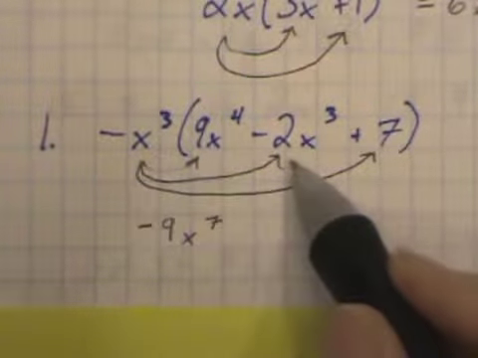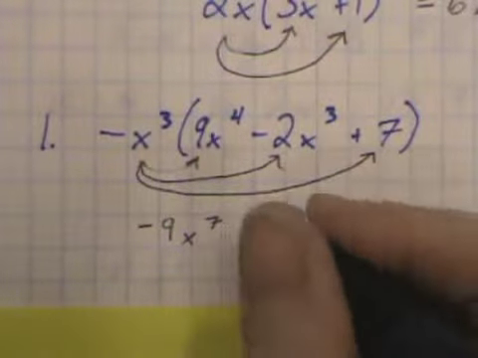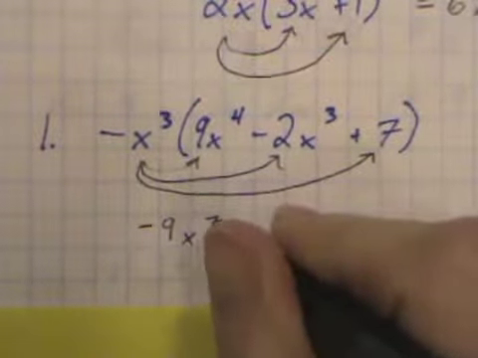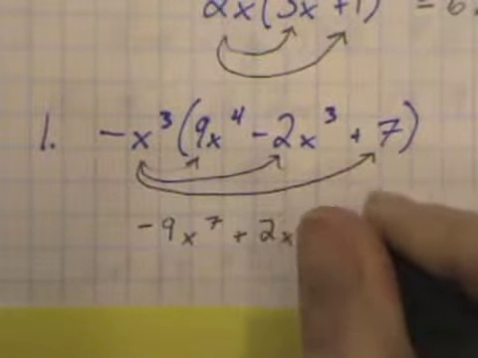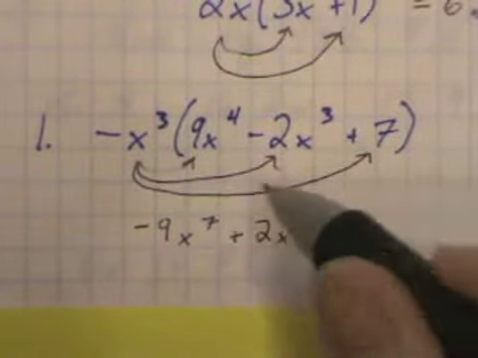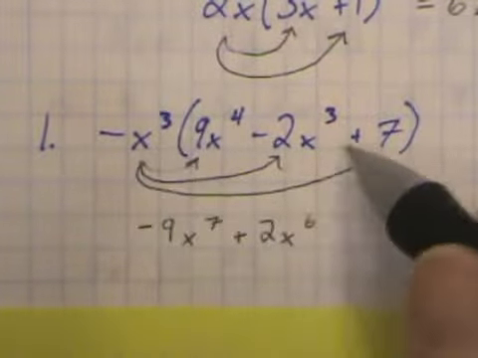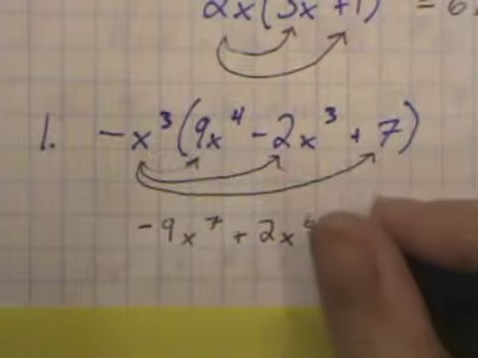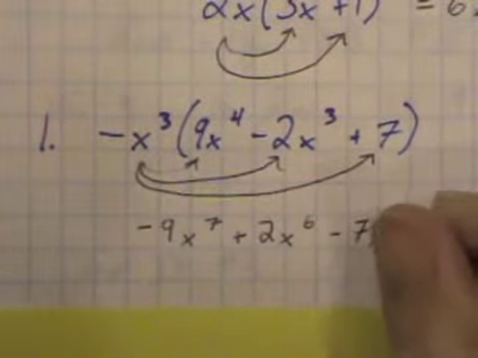Negative x cubed times negative 2x cubed is going to give us positive 2x to the 6th. We are adding these exponents, not multiplying them. And negative x cubed times 7 is going to give us negative 7x cubed.